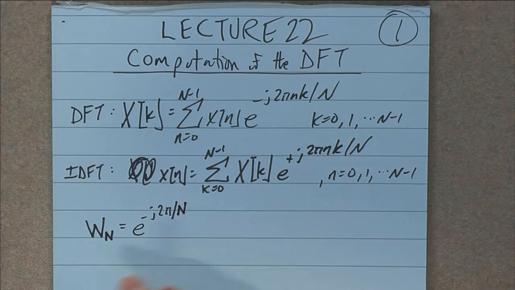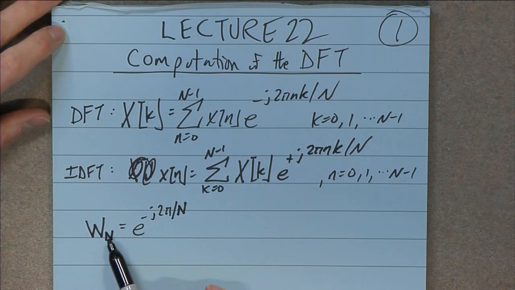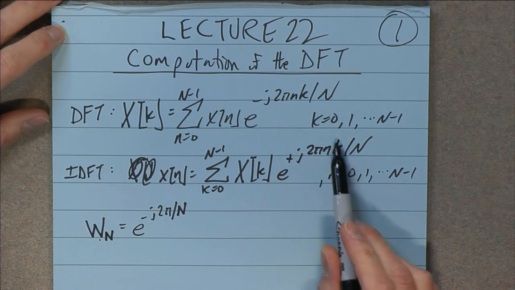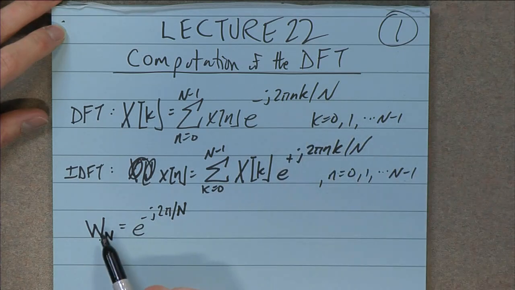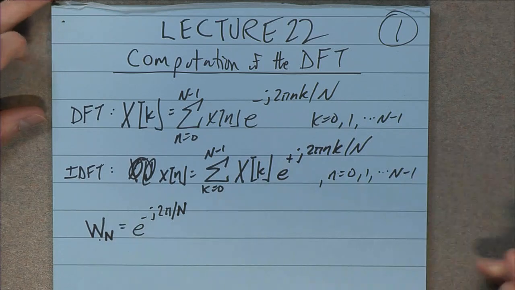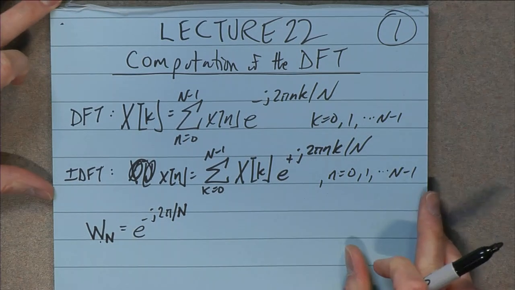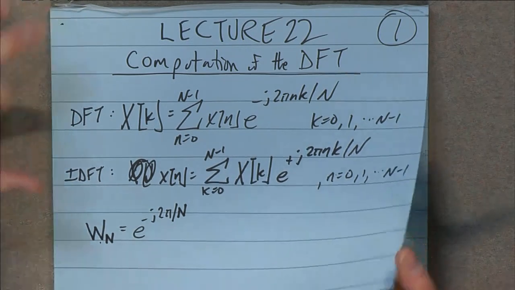That's a convenience for some of the things that we'll be annotating. As it turns out, this factor is a big part of the factors here and here. It's just going to be W sub N raised to the nk power.